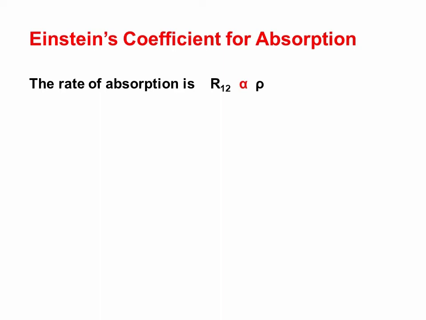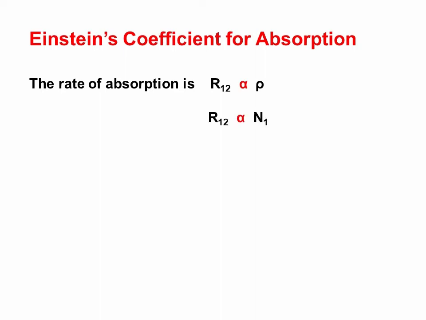The first factor is the energy density of incident radiation. Here R refers to rate, 12 refers to absorption. We have already seen that, isn't it? Next, R12 is directly proportional to the energy density.